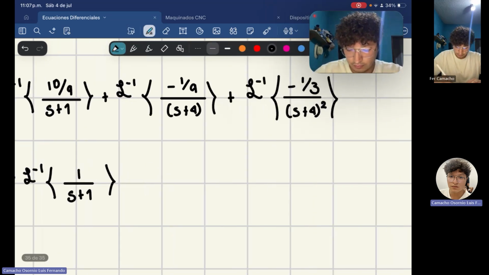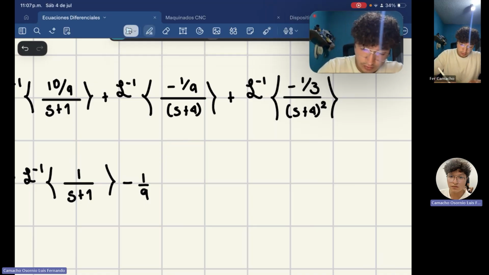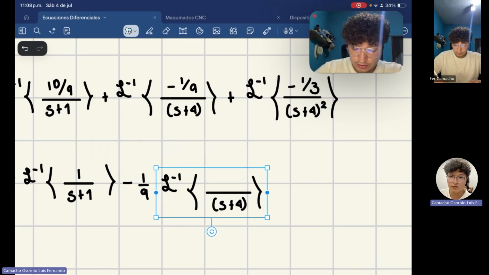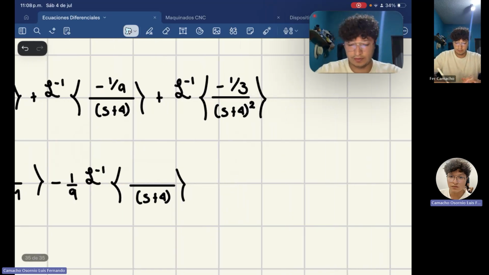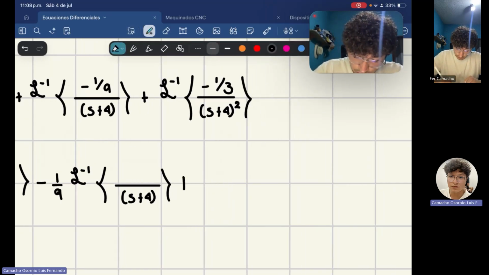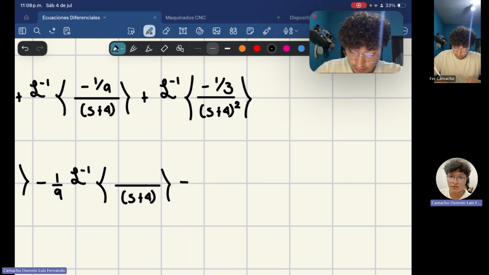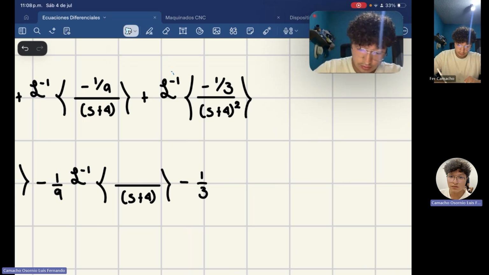We're going to have 1 plus minus 1 over 9, and we can copy. Let's do it faster. Less these values, and then it's the same.